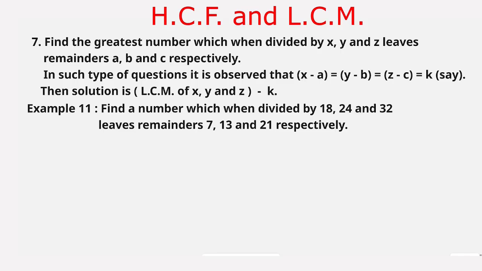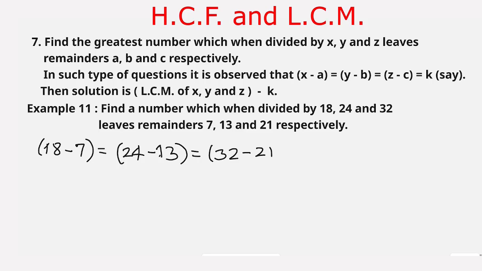The number when divided by 18 leaves remainder 7. So 18 minus 7 is 11. Similarly 24 minus 13 is again 11, which is equal to 32 minus 21, also 11. So all these are equal to 11. This is the value of k.